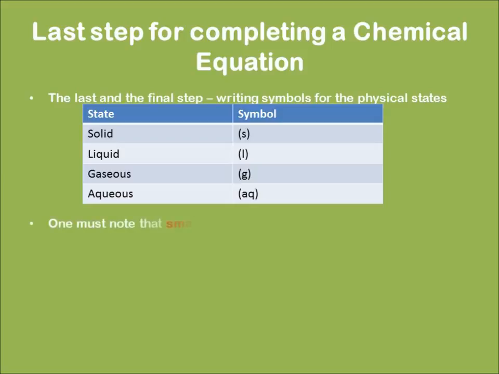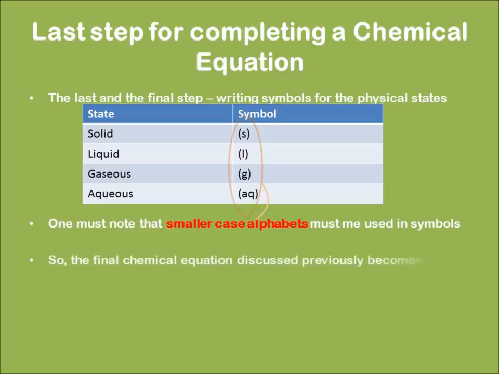One must note that the states must be shown in lowercase letters only. So, my previously discussed example will now become the following equation. This one is a finally balanced chemical equation. That's it.